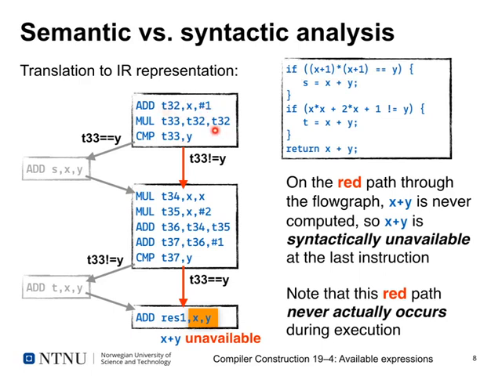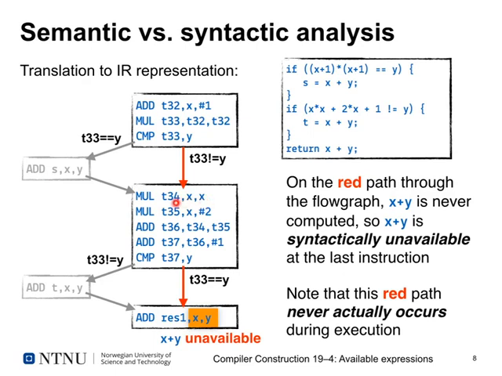Then we multiply T32 with itself, so we square our value here. And then we compare this intermediate value T33 to y. And if it's equal, we add x and y and store it in S. If it's not equal, well, we're evaluating the second if condition here in our basic block.